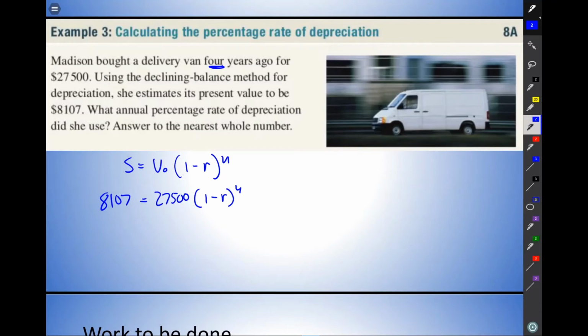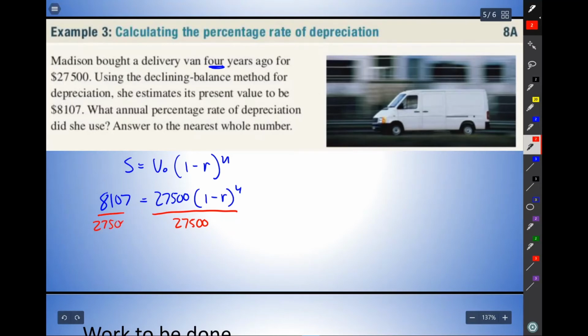Now, we'll start off with the same process as before. We'll divide by the numbers that we know, move them over to this side. So now we have 1 minus R to the power of 4 equals this.